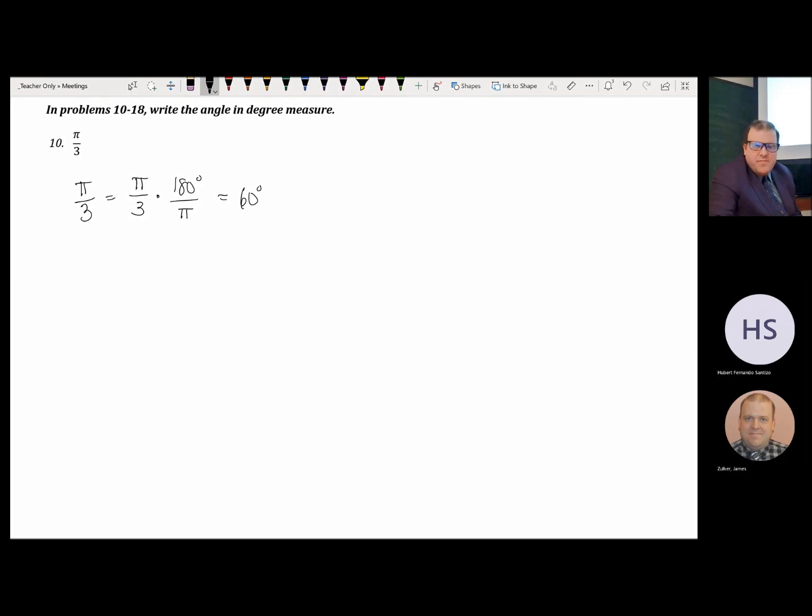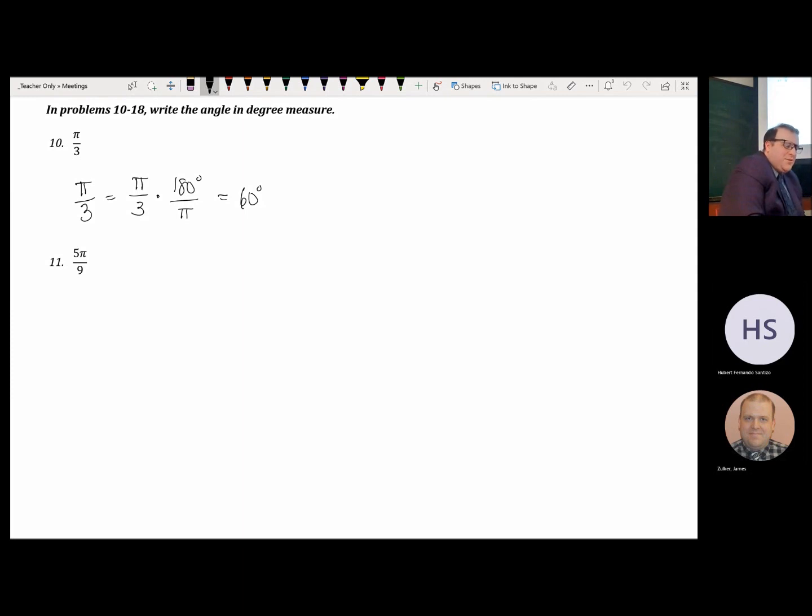Here's what we're seeing. There's nothing inherently wrong with thinking about it as pi over 3 divided by 2 pi to show what fraction of the circle it is, and then take that fraction of 360. Because 2 pi is the whole circle, right? Well, that's exactly 180 over pi then.